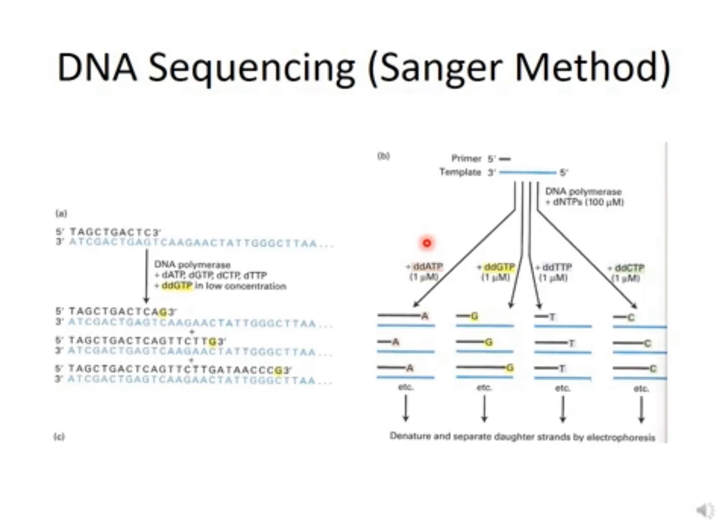We have C with G and A with T. We have all the single d's in all the reactions. However, in each reaction, in addition to that, we have a dideoxyribonucleoside. For example, the first reaction has a ddATP, the second reaction has a ddGTP, this one has a ddTTP, and the last reaction has a ddCTP.